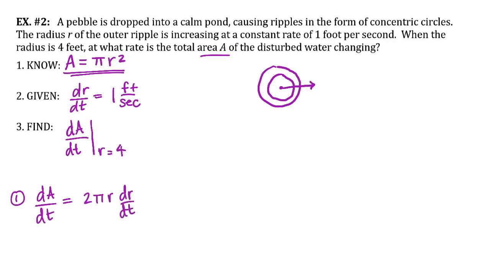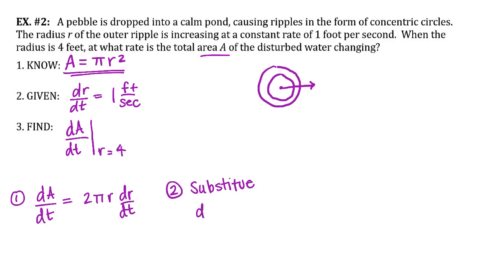Okay, and then for the second part, our next step, 99% of the time, would be to substitute in your given values. So now dA/dt, that's what we're trying to find. Remember, that was what we needed to find.